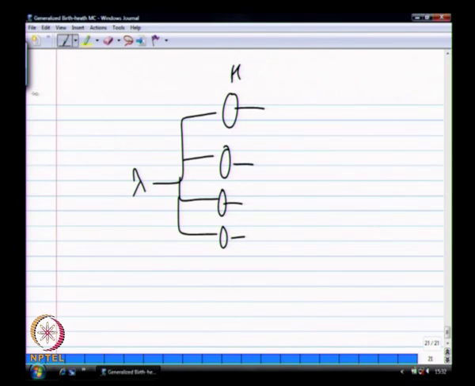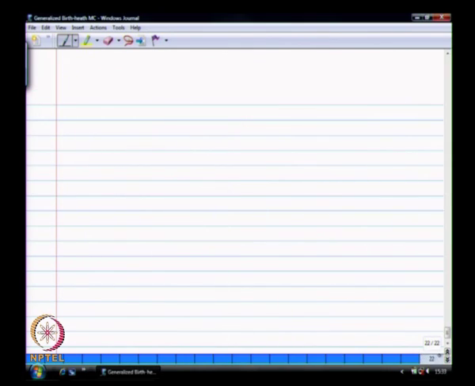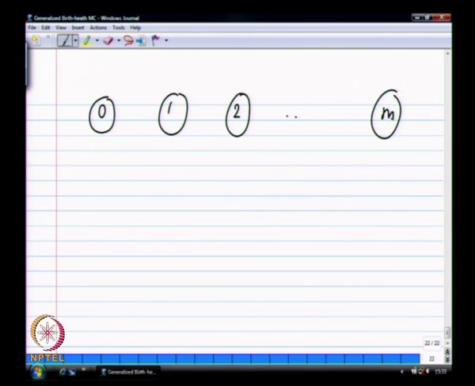So how do we derive that? Again, if you go back to our birth death process, it is very simple, right. I have either 0 customers, 1 customer, 2 customers. I do not go to infinity, I simply stop with M customers in the system. Everything else is the same, right.